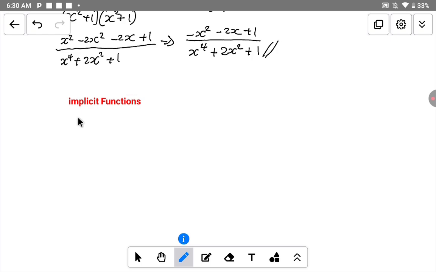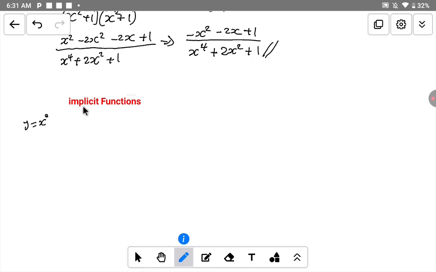So what does it mean by implicit function? Implicit function is a process of differentiating two variables simultaneously. Like before, we have been differentiating a function, for example, y is equal to x squared, but we were not differentiating both y and x simultaneously.